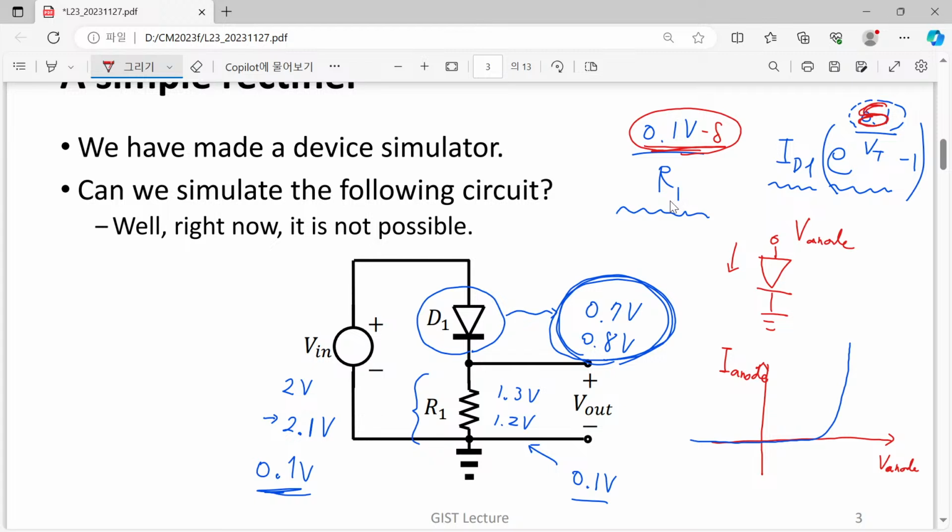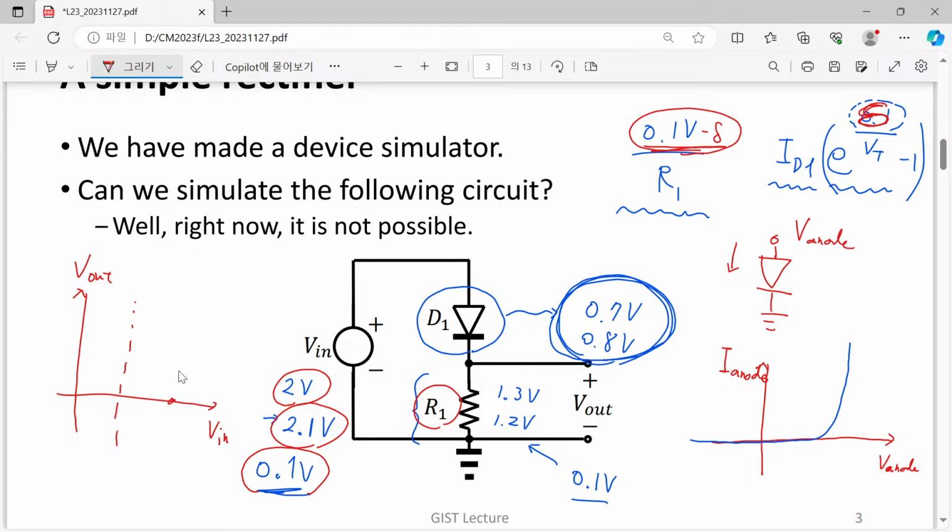Since this delta is so small, going from 2.0 volts to 2.1 volts, almost all of our applied voltage is applied to our resistor. So simply speaking, what we can expect is V in and V out beyond a certain voltage.